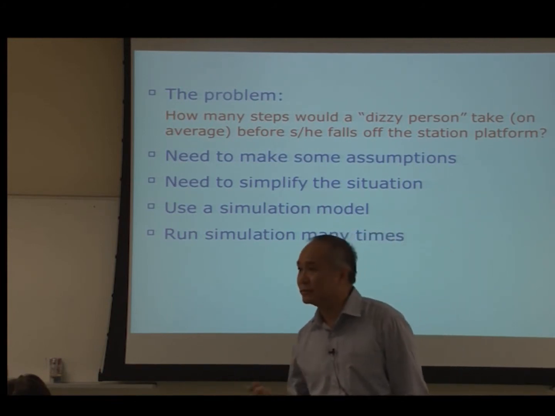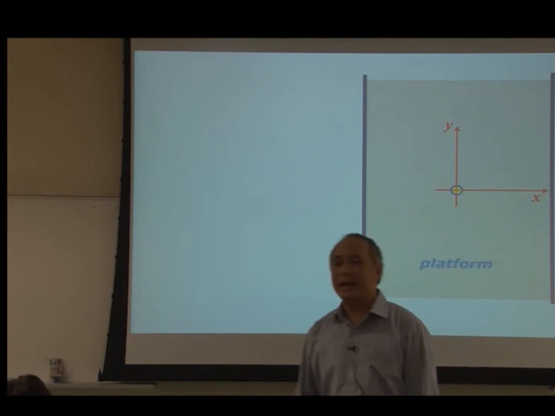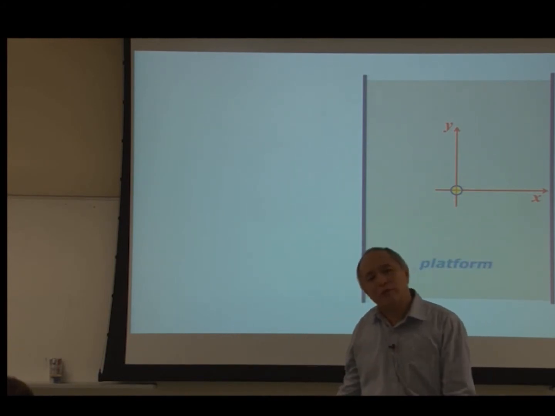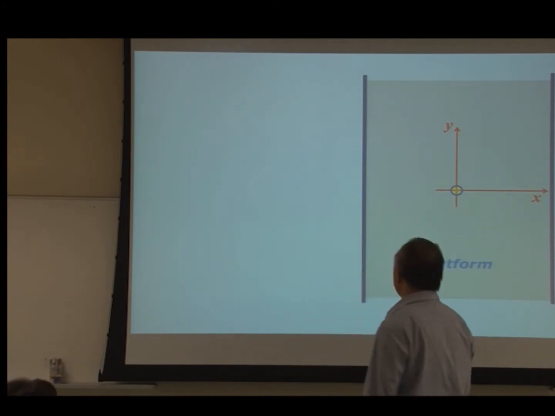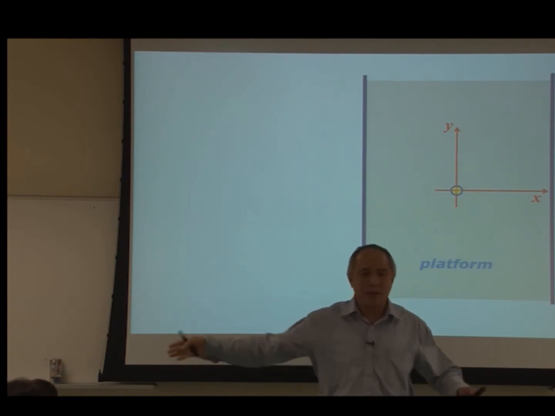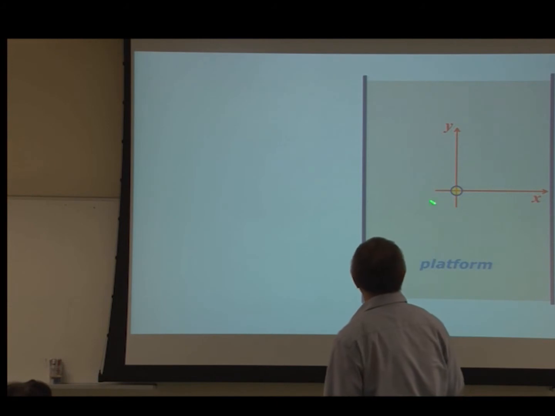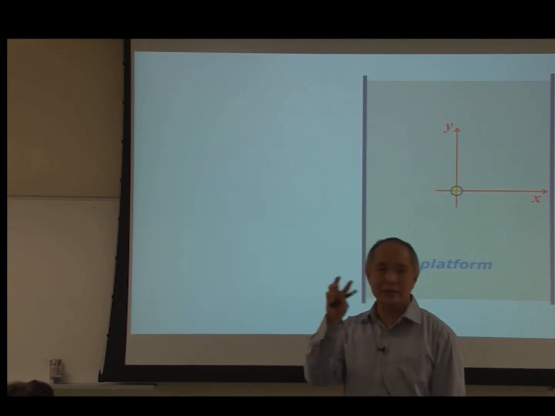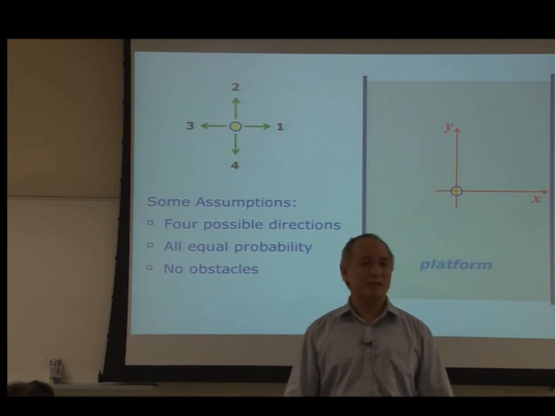Remember we talked about simulation models, right? So suppose this is the platform, and suppose we really do not know where she was at that time. Let's say she started somewhere midway between the two edges of the platform. So these are our axes. You see we are putting some mathematics in it already, and we have more assumptions.